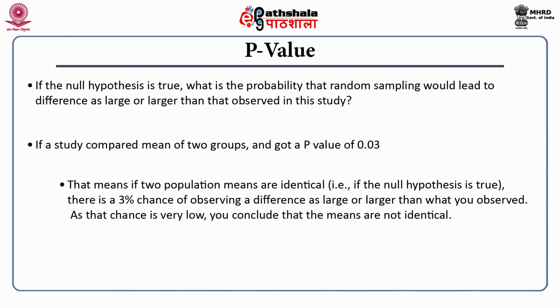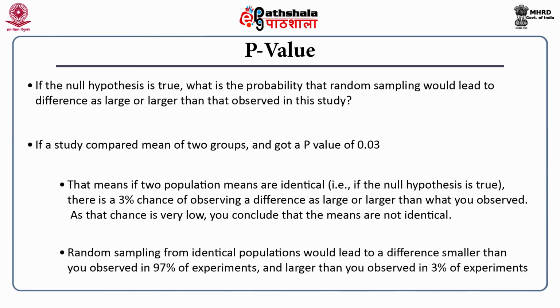As the chance is very low, 3% is quite low, you conclude that the means are not identical. Another interpretation: random sampling from identical populations would lead to a difference smaller than you observed in 97% of the experiments and larger than you observed in 3% of the experiments. That is what a p-value says.